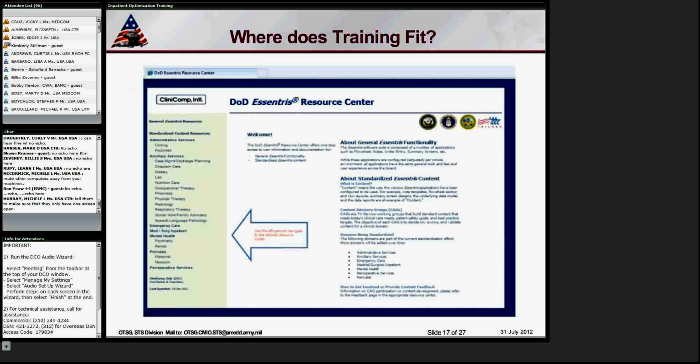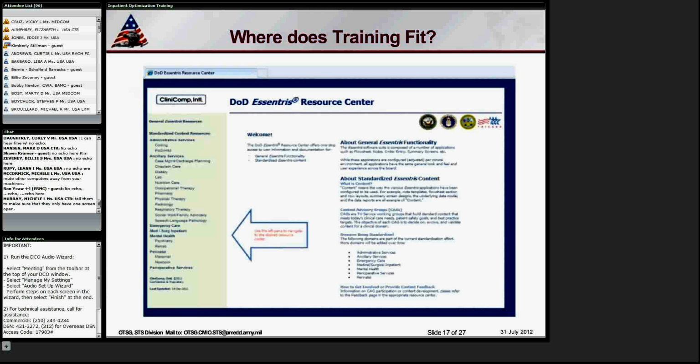It's a work in progress, as if a CAG is not ready for release, there may not be any content there. So when you go to the initial page, you see a shell of what will be there, and depending on which group you choose, which CAG you choose, you will find their release notes. But if that CAG's not finished and the information's not ready for release, you will not find it yet. So for example, if you go to chaplain, you should find some information.